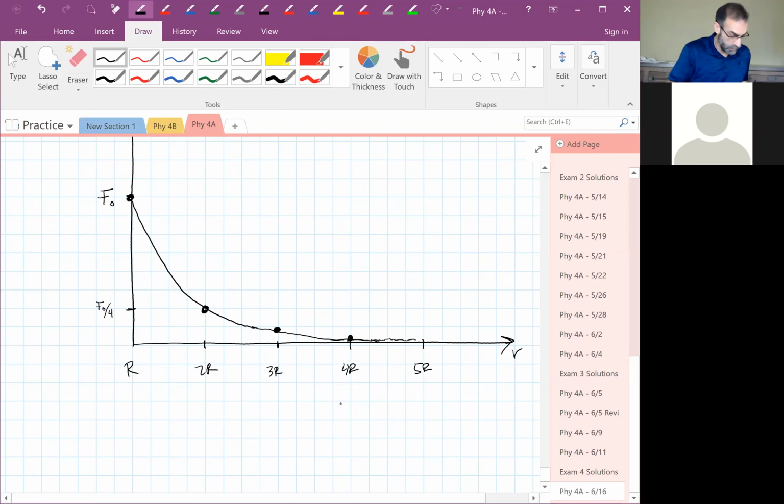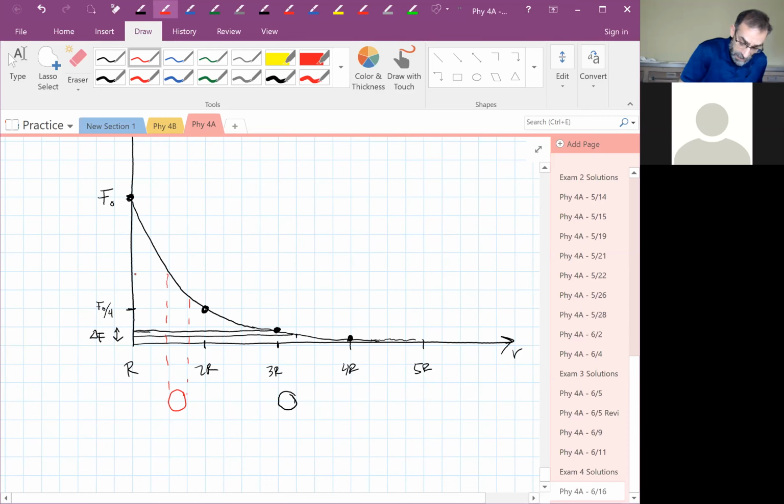So if the sun is far away and I draw the Earth over here, the Earth has this much distance here, some planet, then from one side of the planet to the other, out here, I've got a delta F of this much, right? But if I draw my Earth over here, from one side of the planet to the other, I've got a delta F of this much.